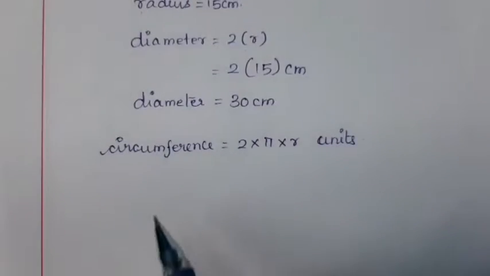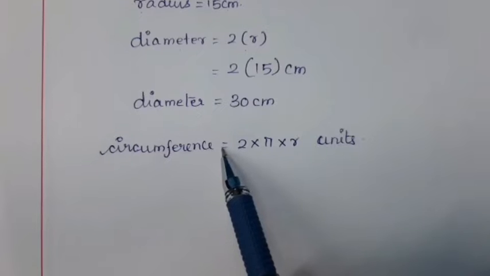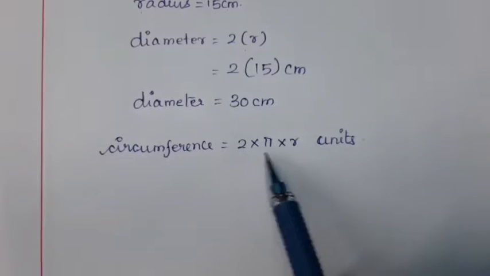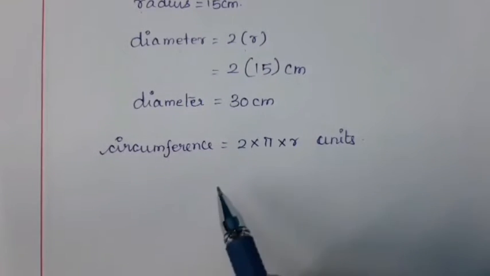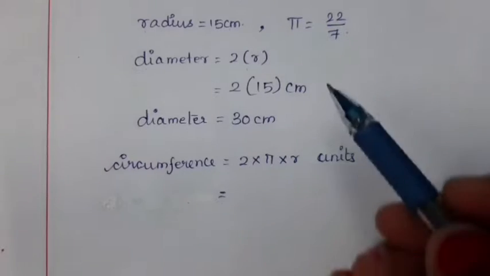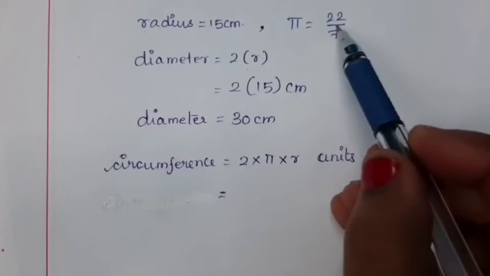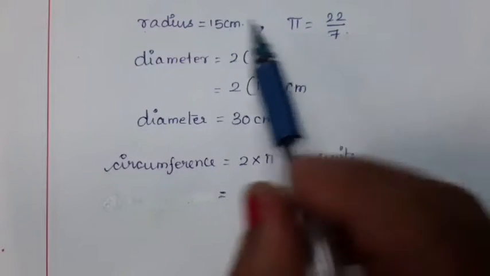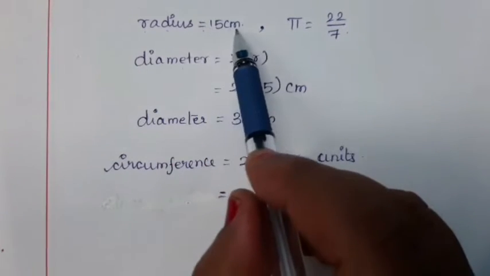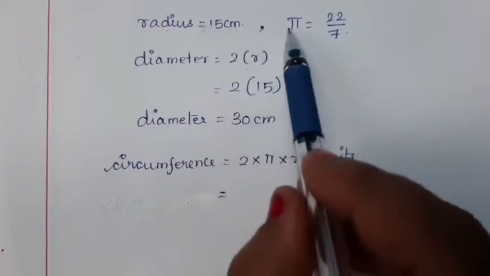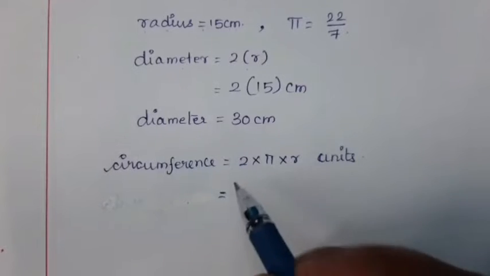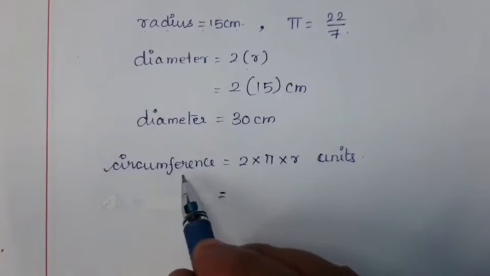Now let us find the circumference of the circle by using this formula 2 pi r units. Here the value of pi is equal to 22 by 7 and the radius is equal to 15 centimeter. Using these values in this formula, we can find the circumference of the circle.